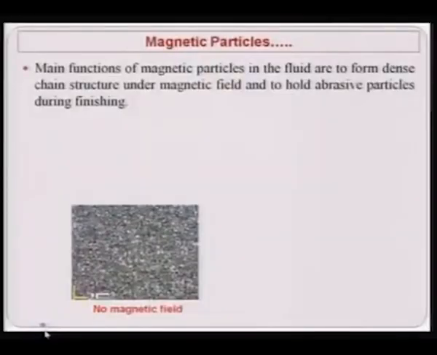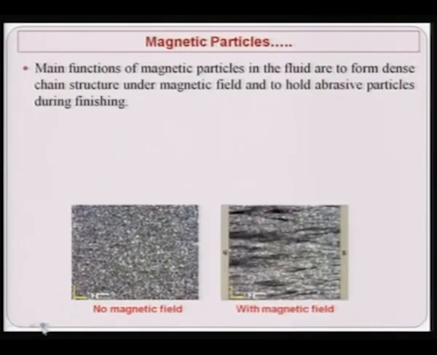You can see here in the figure there is no magnetic field, and the white color indicates the alumina and the blackish color indicates the iron particles or carbonyl iron particles, and they are uniformly distributed across the fluid. But when you apply the magnetic field, you can see the same fluid with the same distribution of iron, abrasive particles, carrier fluid and stabilizer forming chains, as you can see on the right hand side, and the abrasive particles are held either within the chains or between the chains.